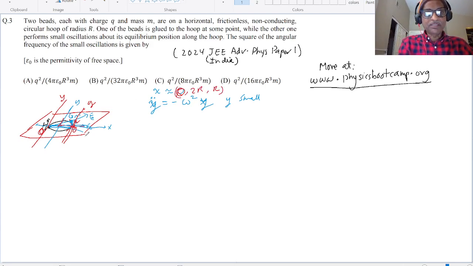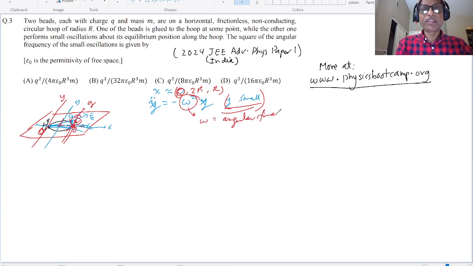But the y-coordinate will be just very small. So if you can somehow figure out the equation of motion of this particle and manipulate it so that you get some constant, from there omega is the angular frequency, and that's what the question is trying to do.